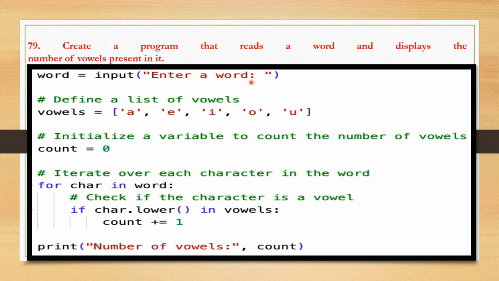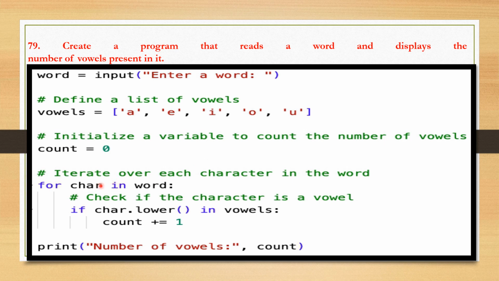The next program is to read a word and display the number of vowels in it. First, prompt the user to enter the word and then define the list of vowels: a, e, i, o, u. The variable count is initialized to 0, which will keep track of the number of vowels in the word. Then use a for loop to iterate over each character in the word, and for each character it performs two steps.